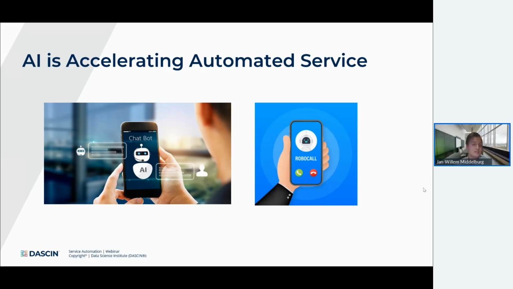Now, what's happening with AI is that this concept of automated service delivery is now getting towards a phase where it's actually becoming smart. And by using large language models or other AI-driven technologies, we are now not only able to create a service experience very fast, but also one that is highly customized and highly trained upon your personal preferences.